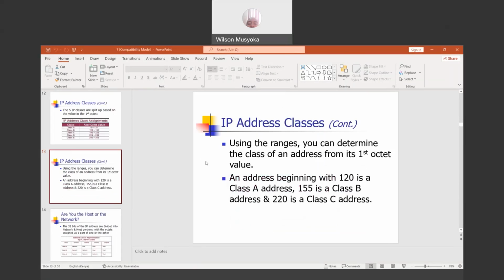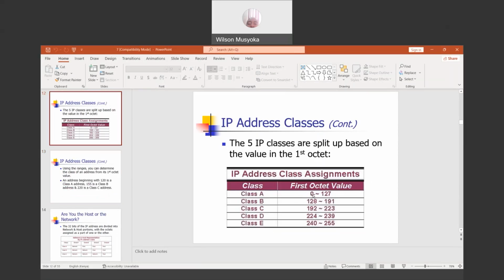Then, when we are talking about the ranges, you can determine the class of an address from its first octet. So if an address starts with 120, that is going to be a class A address. Why? Because we have said class A is going to start from 0 up to 127.